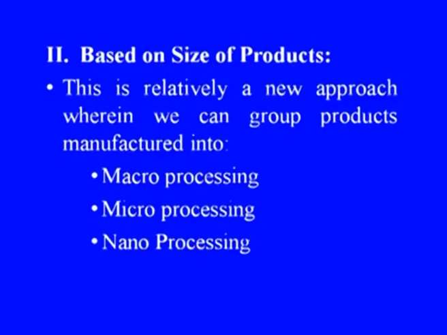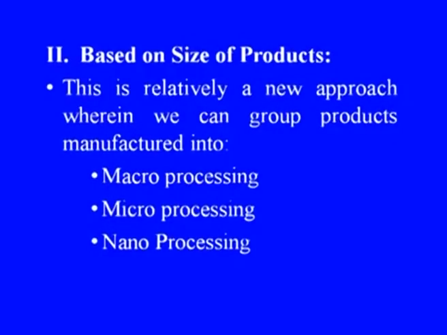Then another classification could be based on the size of products. This is relatively a new approach in which we can group products by their size, which are manufactured in the domain of macro processing, micro processing or nano processing.